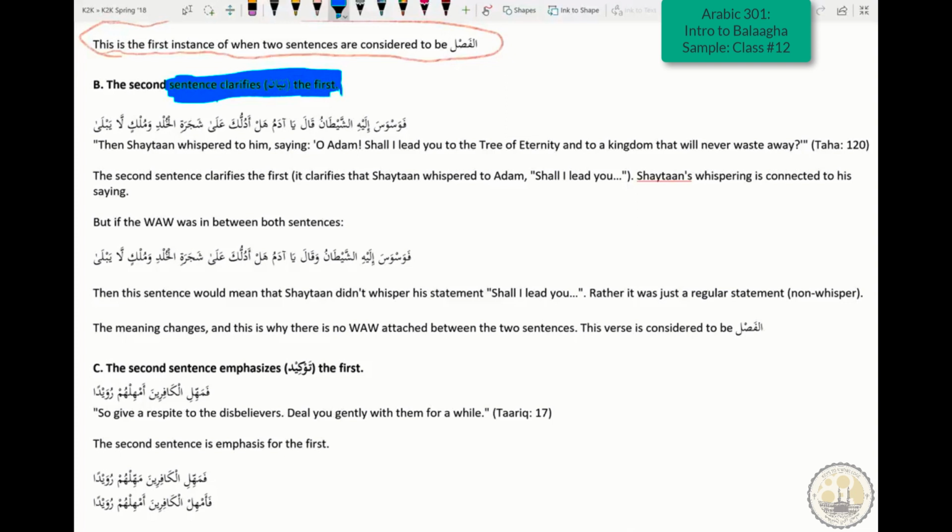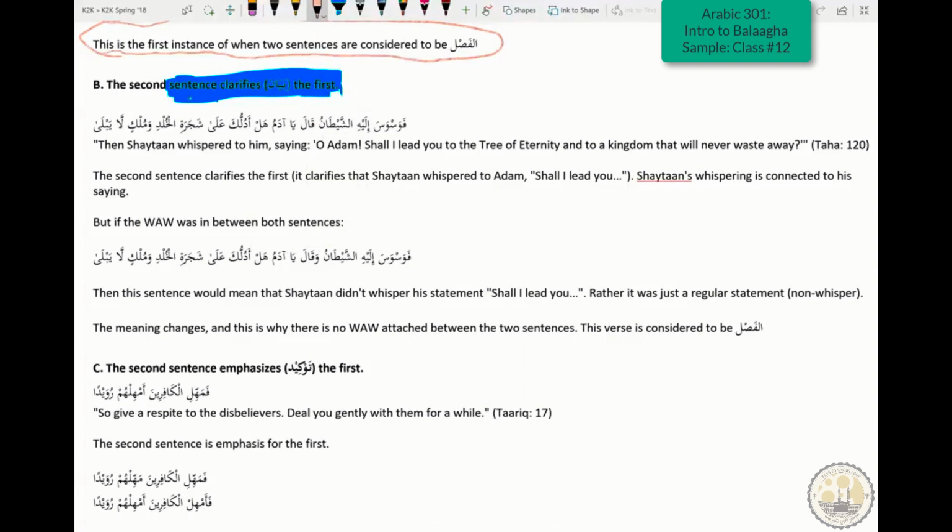Here's an example from Surah Taha. Allah Azza wa Jalla, He says what? فوسوس إليه الشيطان قال يا آدم هل أدلك على شجرة الخلد وملك لا يبلى. Then Shaitan whispered to him, saying, O Adam, shall I lead you to the tree of eternity and to a kingdom that will never waste away?